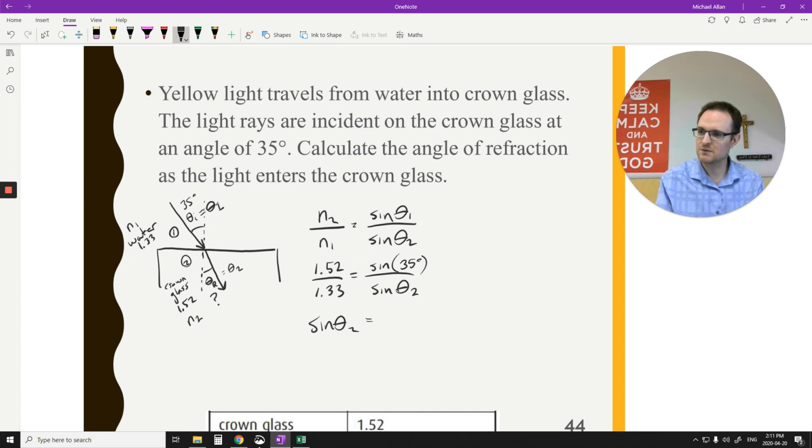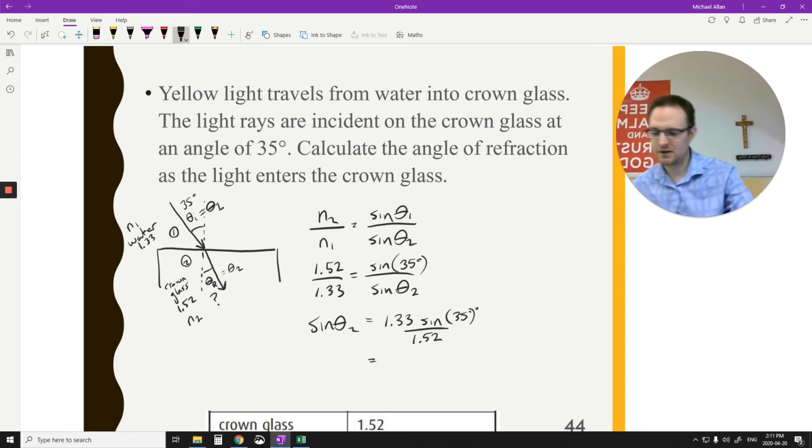It's just a cross multiply and divide. So I'm going to get 1.33 sine 35, oops, put the degree on the inside, sorry, divided by 1.52. Hold on, let me check that my calculator is in the right mode. Yep, my calculator is in degree mode. It's 1.33 sine 35 divided by 1.52.